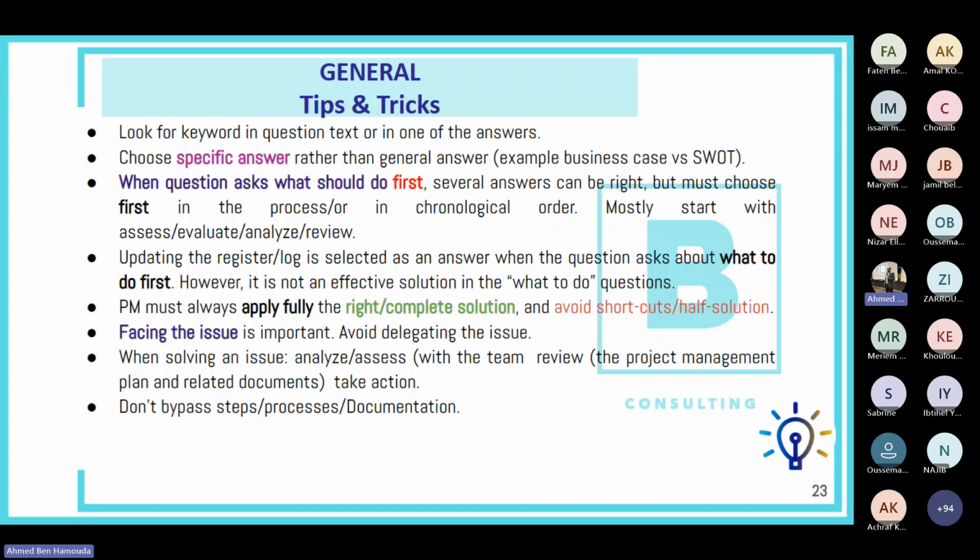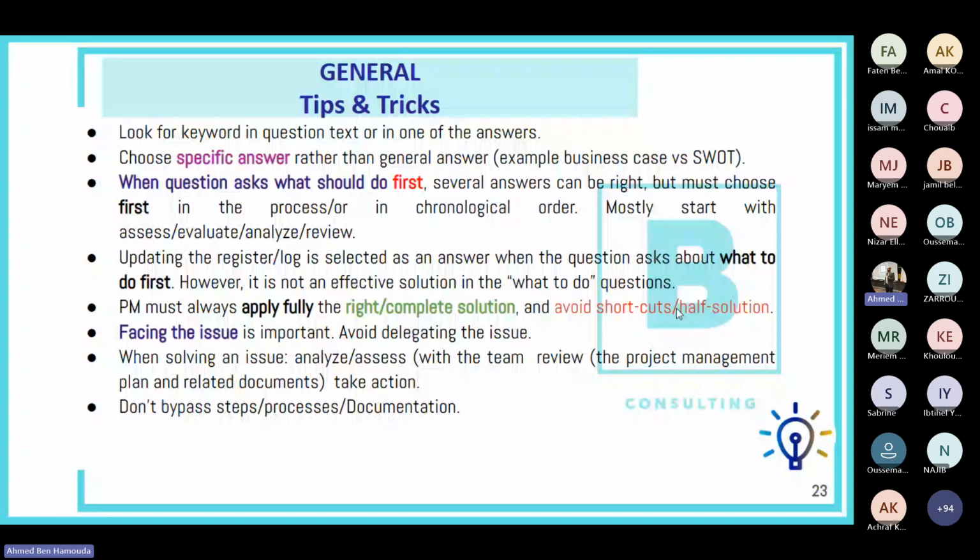For example, you have a conflict with the provider, and your team is complaining about the provider's performance, and the question asks you what to do, and you eliminate two answers which are totally wrong, and then you're left with two. One of them is, pick the phone and call the provider, tell them please do your job and respect the contract. However, the other answer is, organize a meeting with the provider and discuss with them the reasons for their, for example, delays, etc. So now going for the meeting is definitely better, because picking up the phone and calling them and urging them to respect the contract is sort of an easy solution.